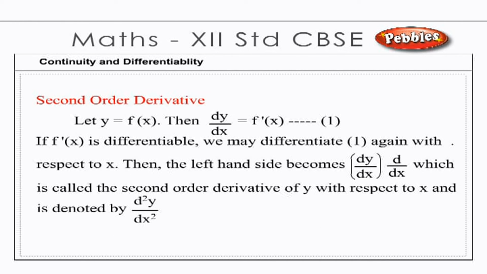Second order derivative. Let y = f(x). Then dy/dx = f'(x). If f'(x) is differentiable, we may differentiate once again with respect to x. Then the left hand side becomes d/dx(dy/dx), which is called the second order derivative of y with respect to x and is denoted by d²y/dx².